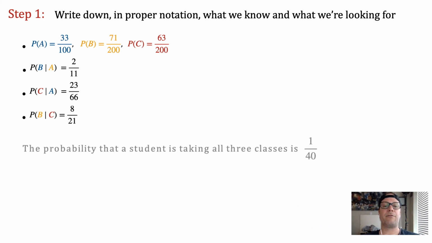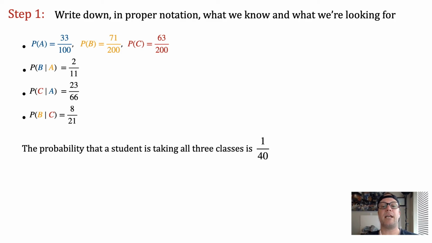Finally, we have the probability that a student is taking all 3 classes is 1 over 40. Well, "all" should give you a clue that we're talking about an intersection, because they have to be taking A, astronomy, and B, and C. Therefore, we notate this with the upside down U. Probability of A intersect B intersect C equals 1 over 40.